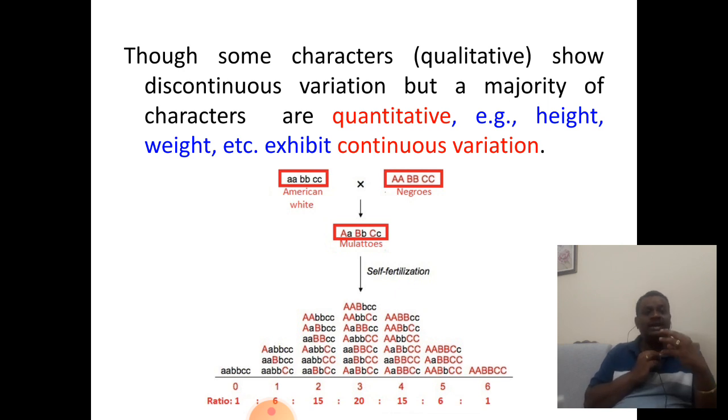So quantity here refers to the number of alleles. So the number of dominant alleles will control the character of the phenotype in the individual. And when we look at the genes, every gene will be independent in its expression, and at the same time they add up to the character of the same.